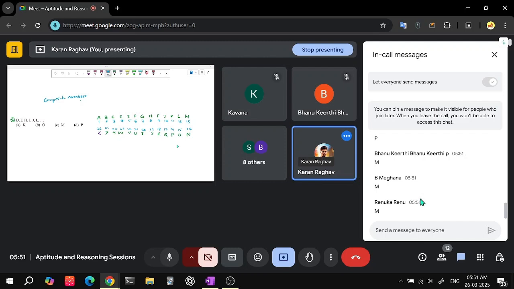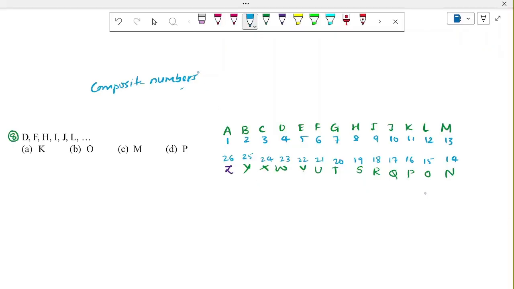Okay, fine. We'll go for the answers. Meghna yum, Renuka yum. We'll see. Observe it carefully. We have got D. Just mark this D. We have got F. Mark this. We have got H. And then I. And then J. Then L.